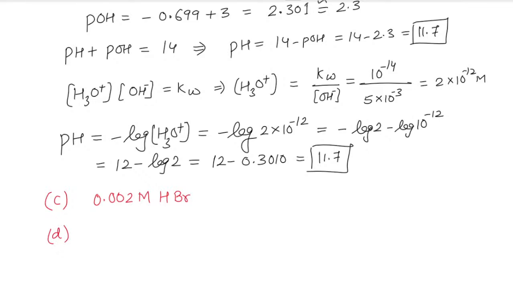C and D. D is 0.002 molar KOH. They are very similar. See, instead of HCl there is HBr, instead of sodium hydroxide there is potassium hydroxide, and there is a change in concentration only. The method remains the same. So do it and write the values in the comment section after the class.